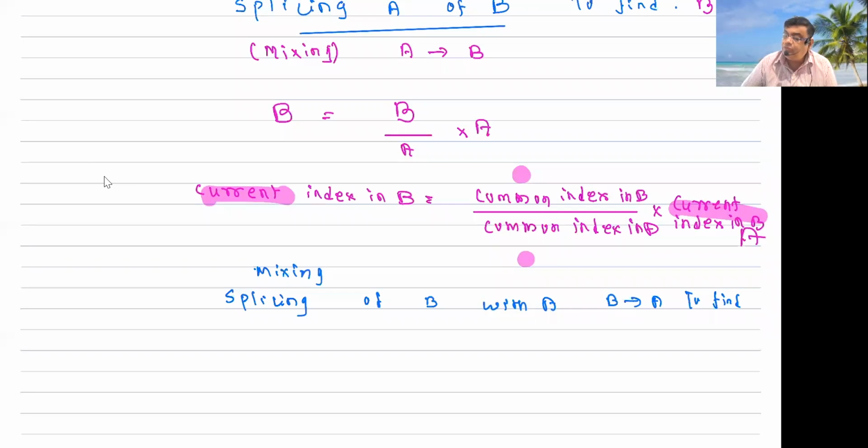This is to find A. If A has to be found, I will say A is A over B into B.